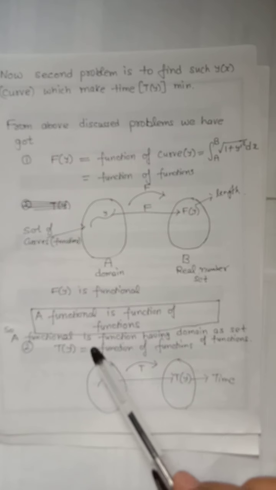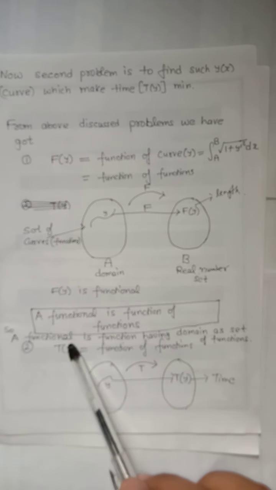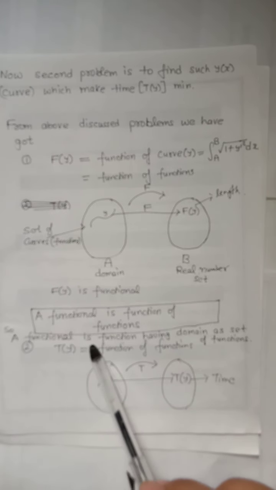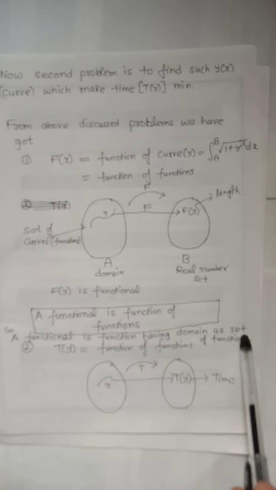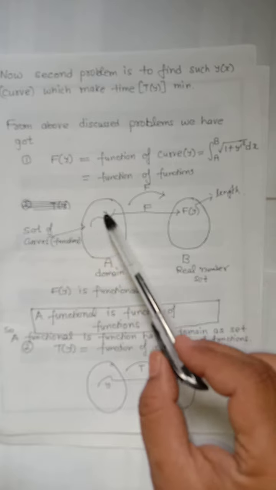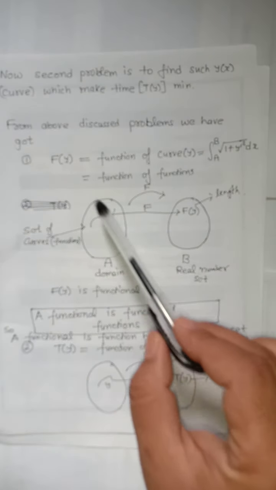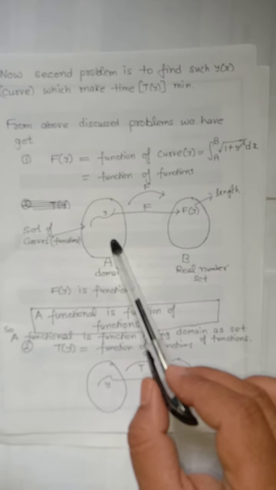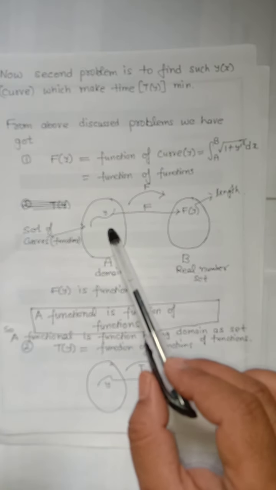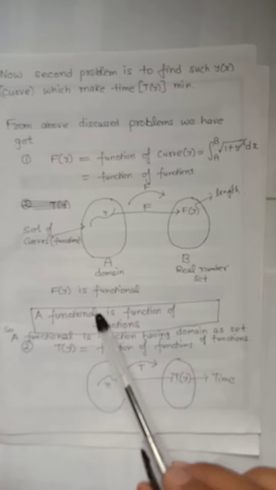Or in other words, a functional is a function having as its domain a set of functions. See here, the domain of this function is a set of curves, and curves are functions only. So this is a functional.